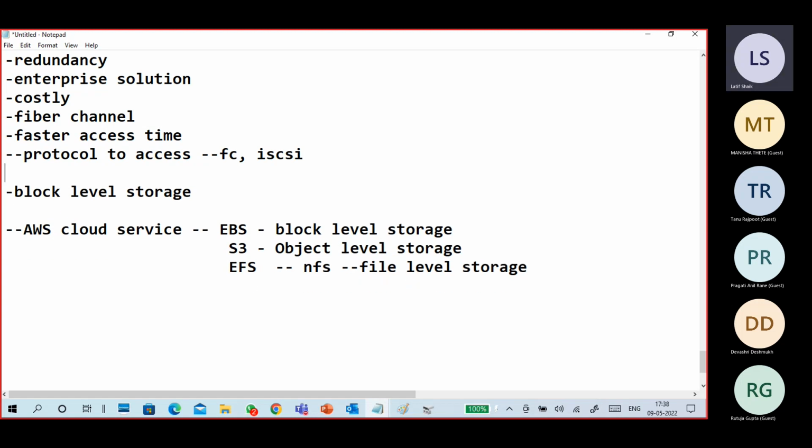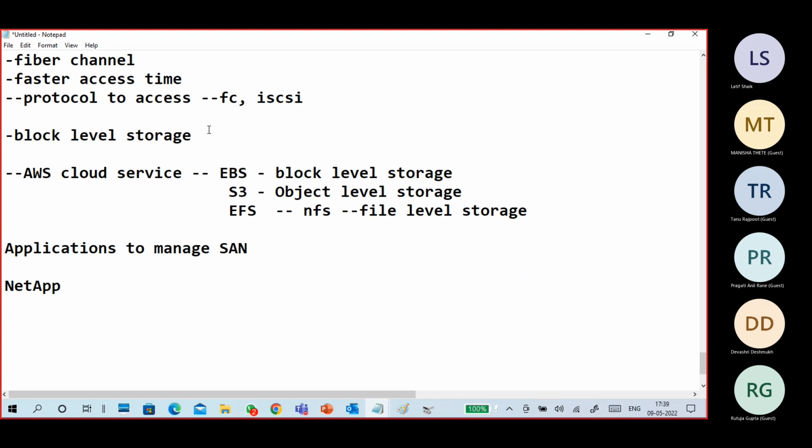We can use iSCSI storage, that's the only thing. You need specialized applications to manage SAN. One of the popular ones is NetApp, ONTAP, NetApp kind of stuff.